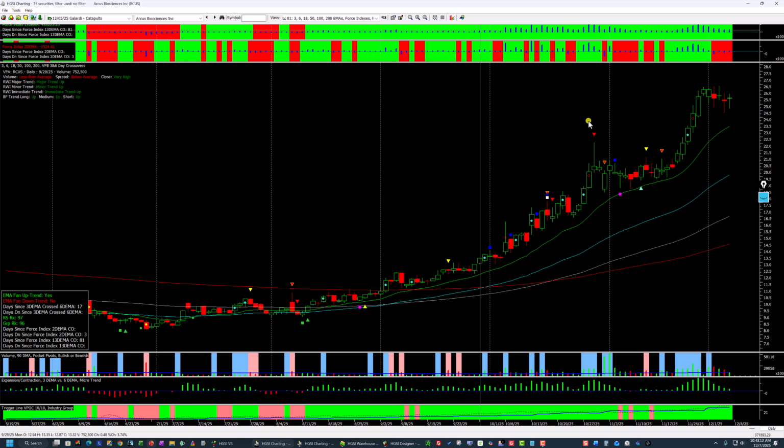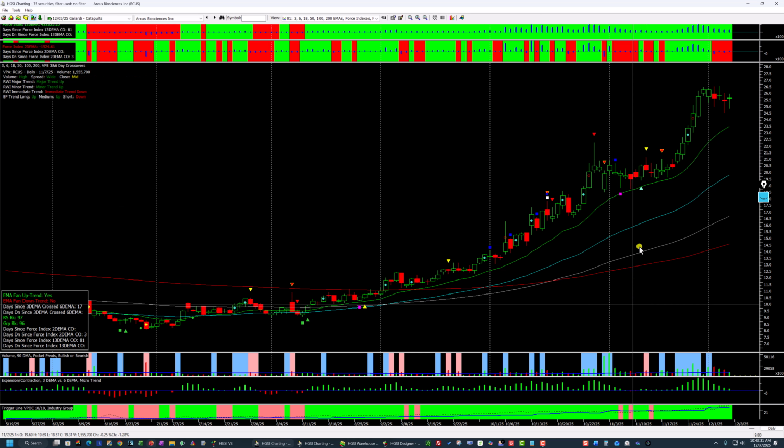And these are potential entry points because of the strength remaining in the longer-term force index. Now here you can see the histogram's getting weaker in the 13, and there's a pullback in the 2, but it never did turn negative, and this is just another consolidation period.